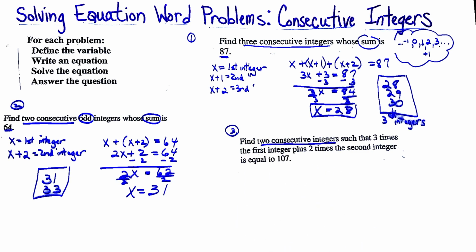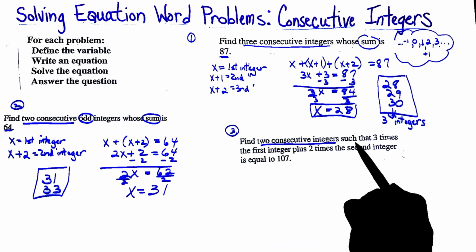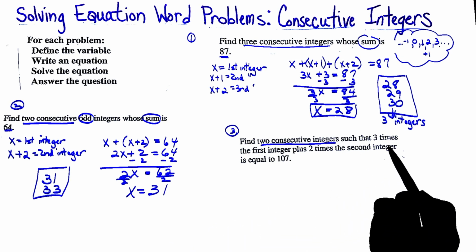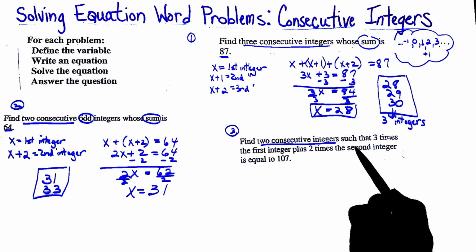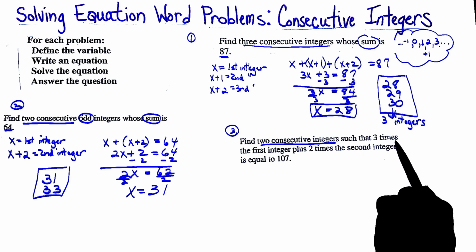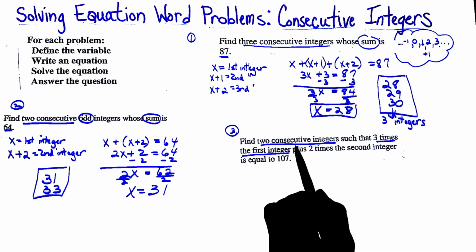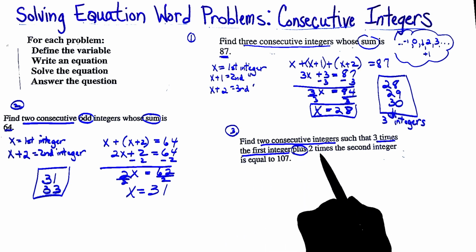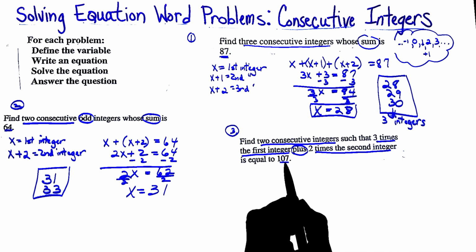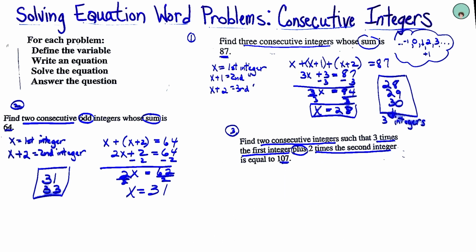That means they're going to be next door to each other. Now, it says such that 3 times the first integer, notice, and then it says plus 2 times the second integer is equal to 107.